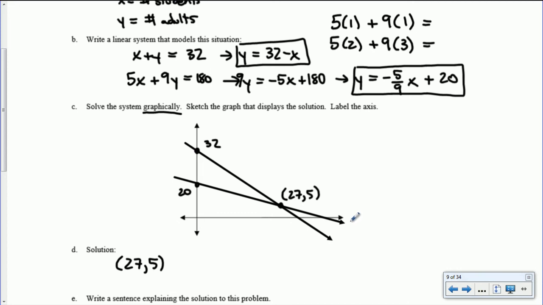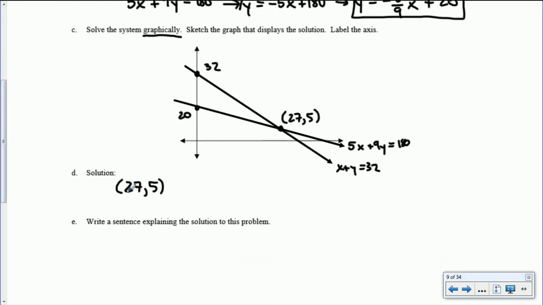The graph was, maybe I'll write it, you could write it as it was originally: 5x plus 9y equals 180, and x plus y equals 32.